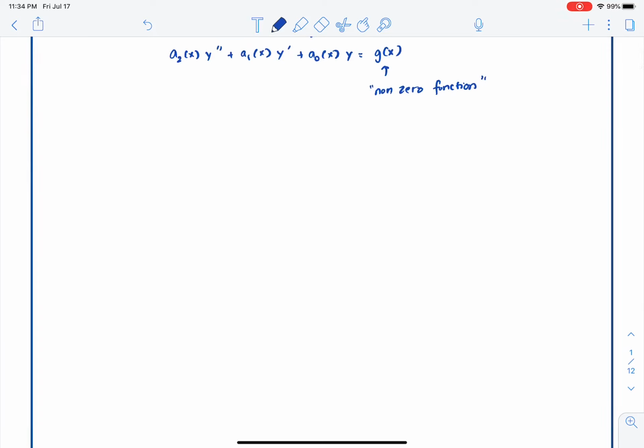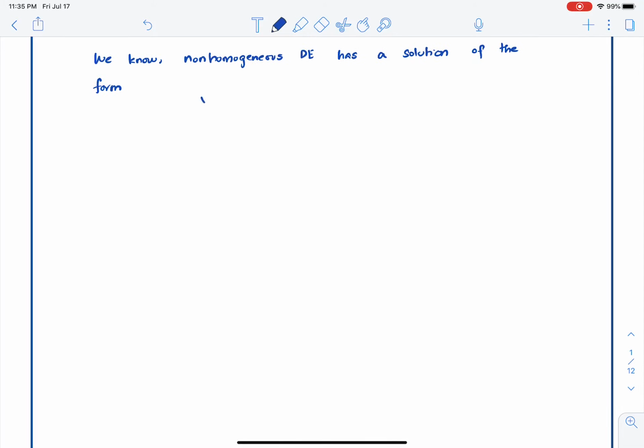And we know non-homogeneous equations have a solution of the form y equals yc plus yp.